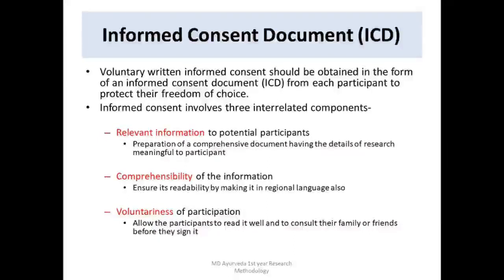It is not that you make an informed consent document in English and ask potential participants who are not well versed with the English language to sign it. That doesn't make any sense to the research participants. So the second aspect of the informed consent document is its comprehensibility.